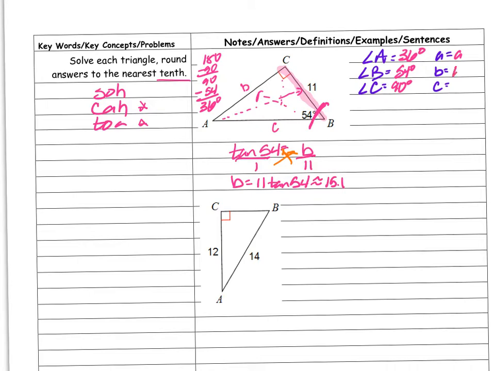So B is 15.1. Okay, and now I'm going to find C. Well, C is my hypotenuse in this case, and I know my adjacent, so that's going to be cosine. So I'm going to say cosine of 54 equals 11 over C. And we'll turn that into a fraction, cross multiply, and I get C cosine of 54 equals 11.